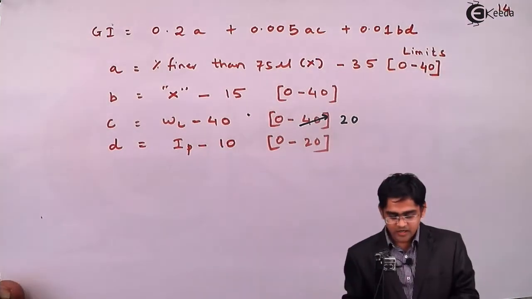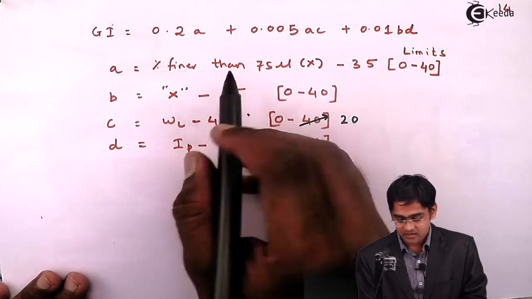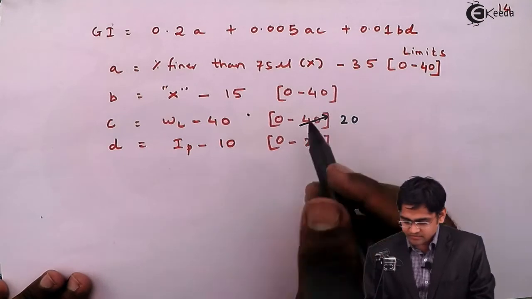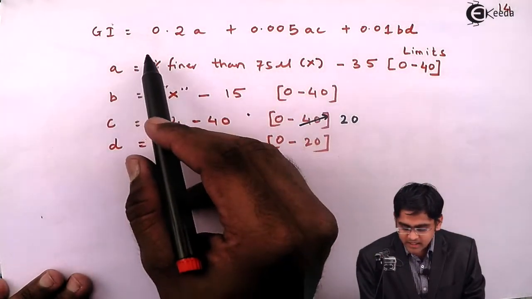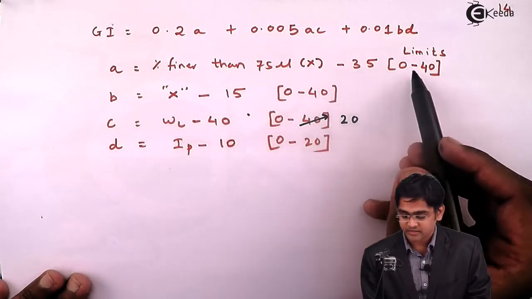So if you have a percentage, let's suppose 30% of the soil is finer than 75 micron, then you will end up getting a value of A which is negative. That means 30 minus 35, which is minus 5.